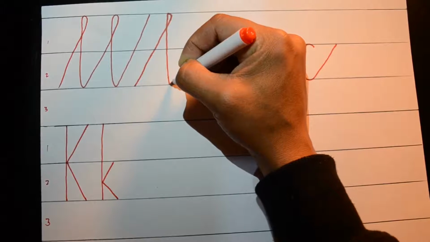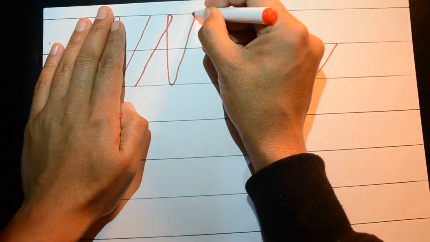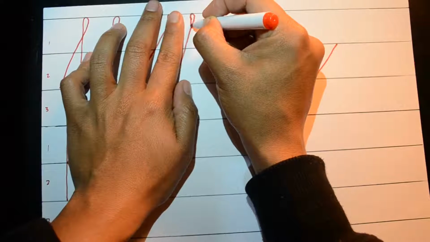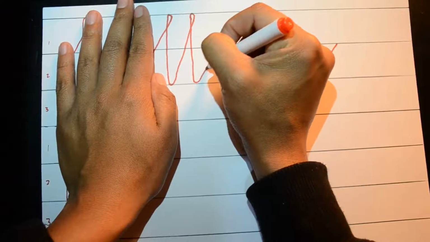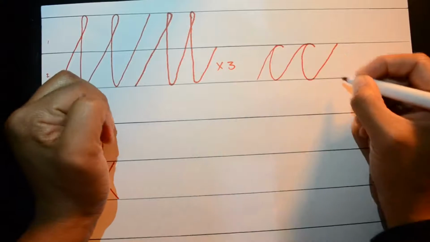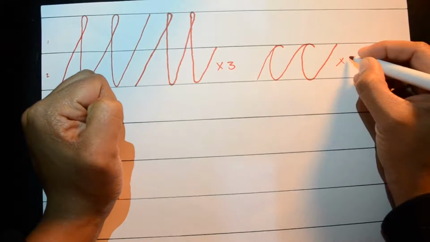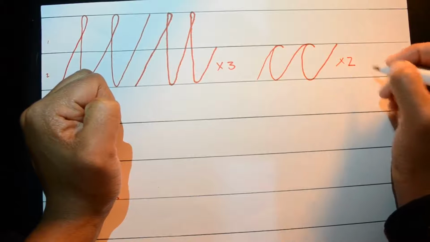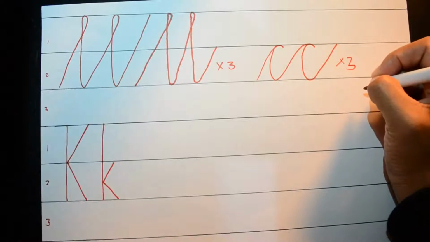Remember that straight down part. Slanting up again, turn at the top and come straight down. When I say straight down, it's like drawing a line, and then you can end. So this is called the L pattern. I want you to do it 3 times, and then you can do the cup pattern. Because you've done it before, you can just do it 2 times, okay, or just do it 3 times. It's fine, just to make it equal.